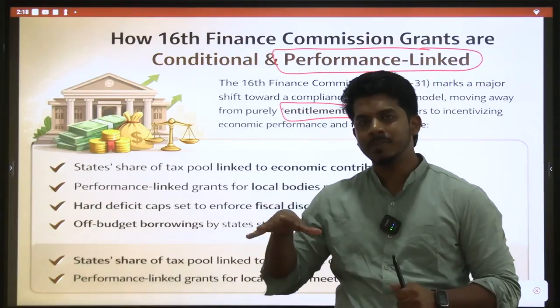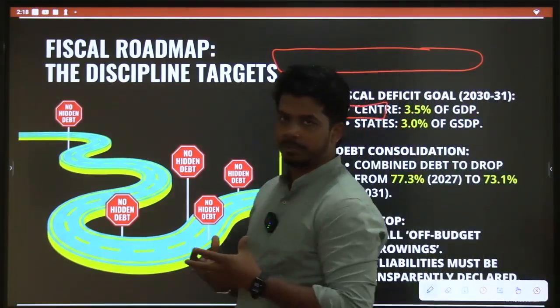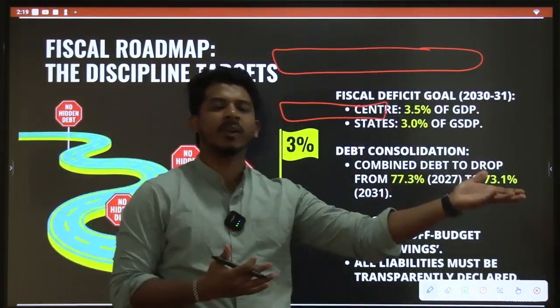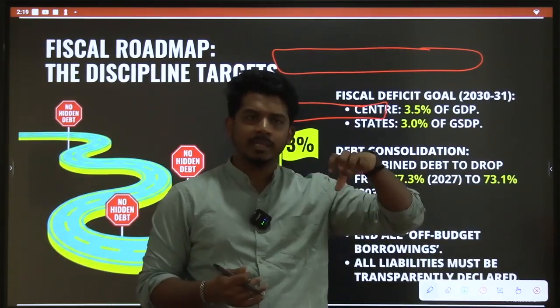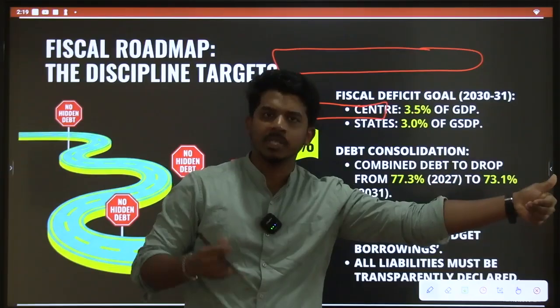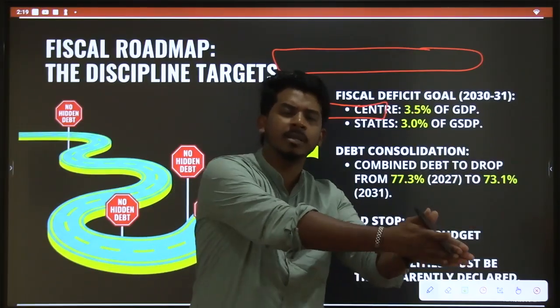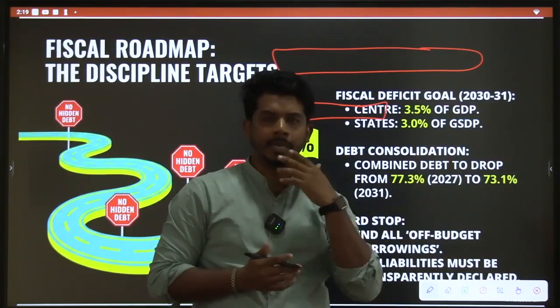What does this mean? The 16th Finance Commission came up with many conditions. You want money from us. Not only this share of taxes, the union government will also give some grants, as we have seen. There will be grants flowing from the center to the states and even local governments.